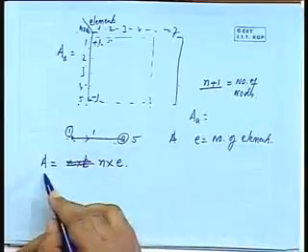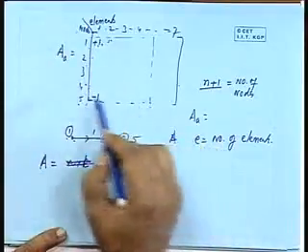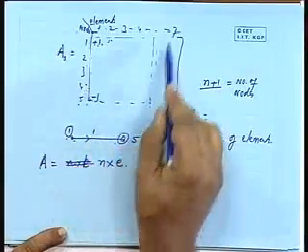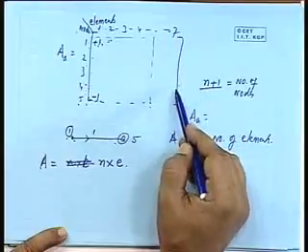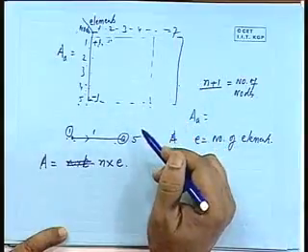So matrix A is having, in this particular case, a dimension of 4 by 7 if there are 7 elements. So what will be the rank of A? It can be at the most 4.